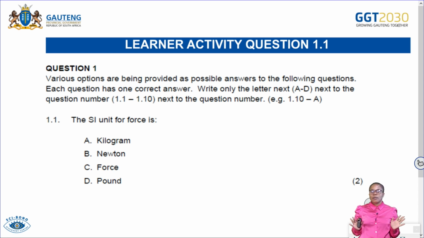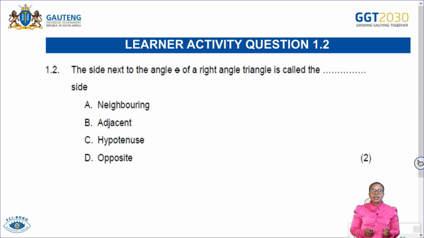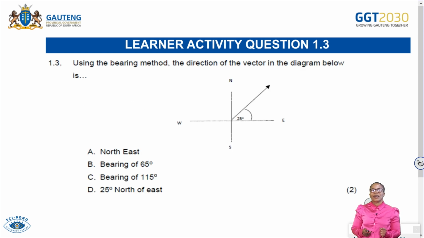This is the same way of answering. You just write your number and then the correct letter next to the number. So your SI unit for force, this is very easy. The side next to the angle theta of a right-angled triangle is called what?